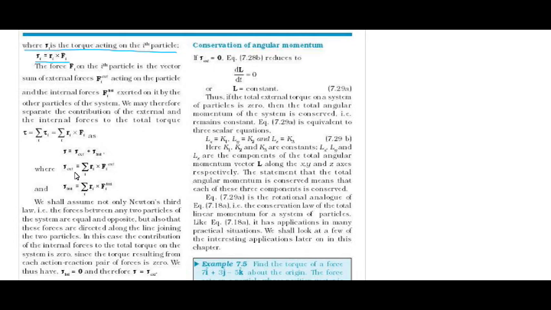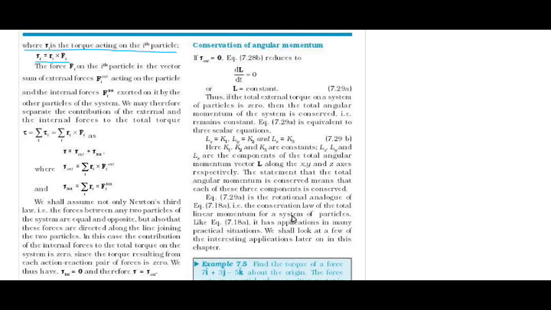In this case, the contribution of internal force to the total torque on the system is zero, since the torque resulting from each action-reaction pair of forces is zero. We thus have tau internal is equal to 0, and therefore tau is equal to tau external.